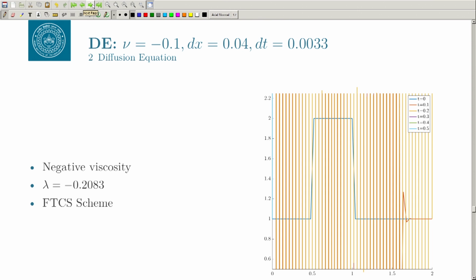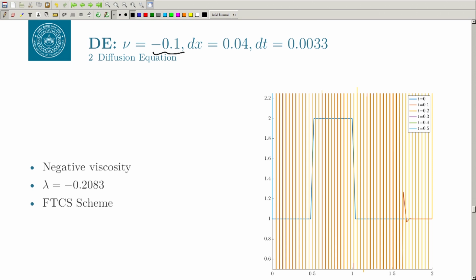What I want to show you here is, let us say, use a negative viscosity, or a negative diffusion coefficient. When it is a positive diffusivity, it diffuses and the magnitude goes down. When the diffusion is negative, that is, if the viscosity is negative, it will amplify things, and you can see that it quickly amplifies as soon as you take this nu equal to minus 1 and your solution blows up.